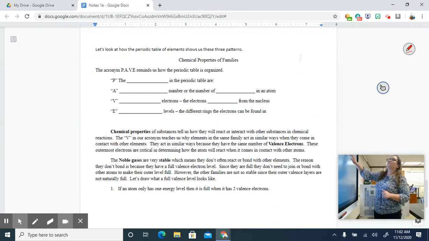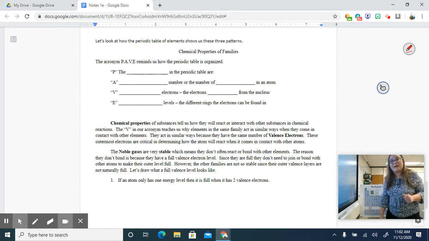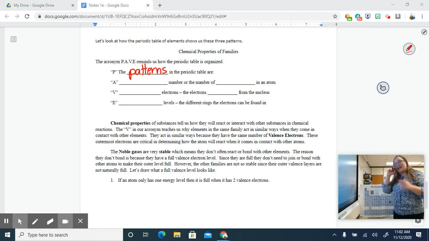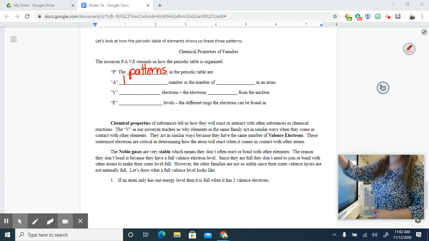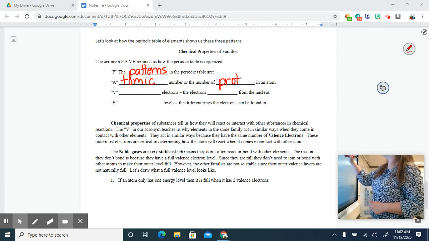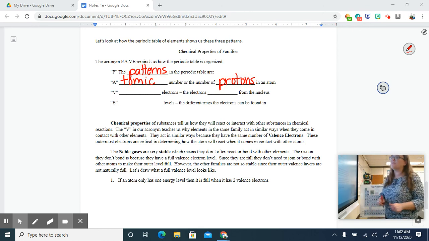Okay, so to review, what are our patterns of the periodic table? What's the P stand for? The patterns of the periodic table are, all right, it's PAVE. So what's the A stand for? Right, atomic number. And the atomic number tells you the number of protons in an atom. All right, what's the V stand for?